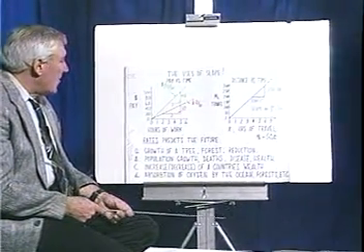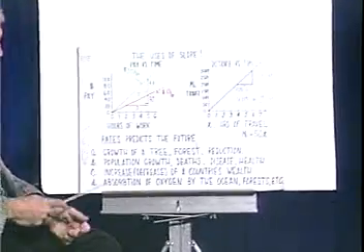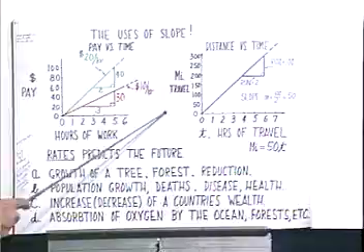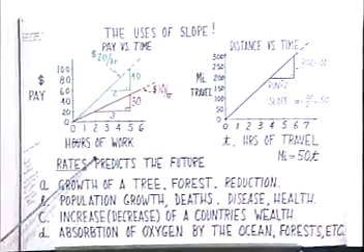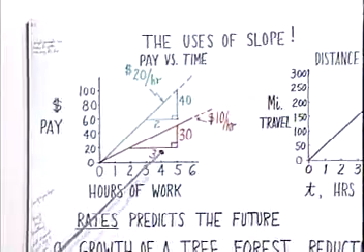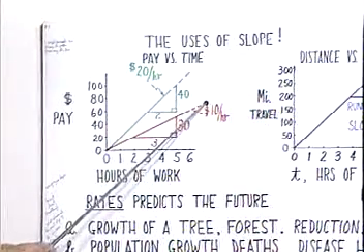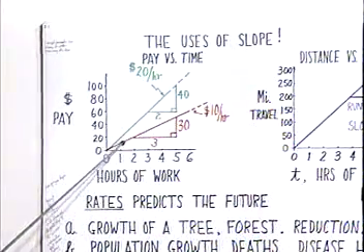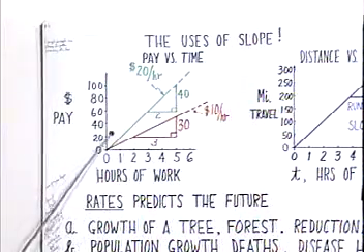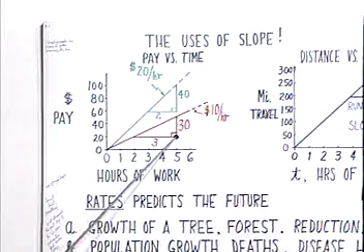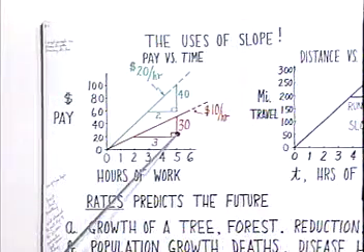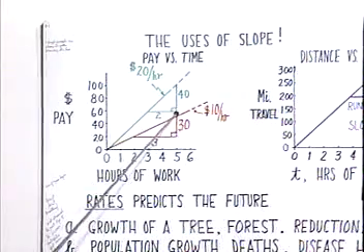Let's see some of the uses of slope, and we'll take a look at this portion right here. Supposing you're earning $10 an hour, then your rate line is this one here in red. Notice that this line goes from 20 to 50, and the difference between 20 and 50 is 30.